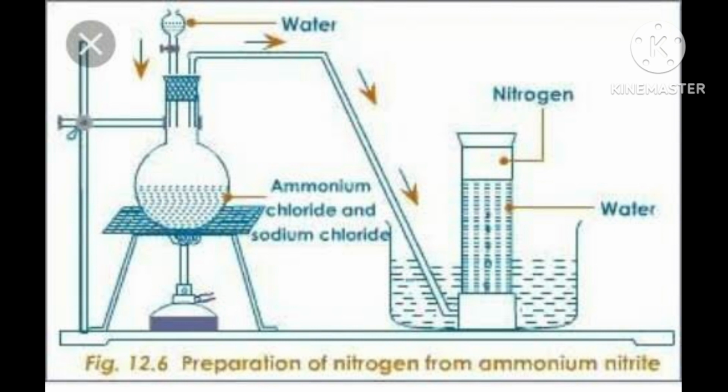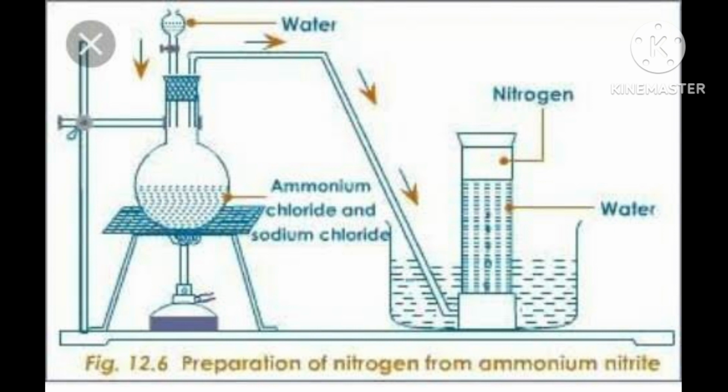Now I am telling you another reaction. It combines with hydrogen. Nitrogen combines with hydrogen at about 773 Kelvin, which means high temperature, in the presence of a catalyst, that is what we call the Haber process, to form ammonia.